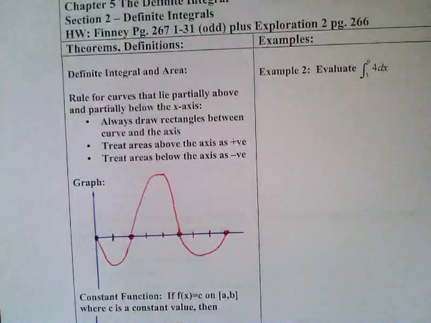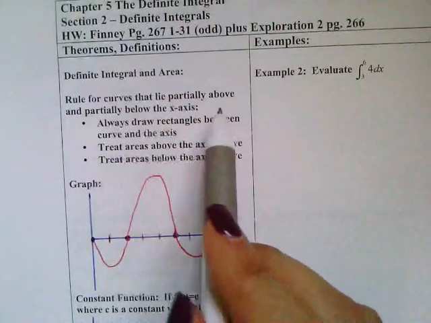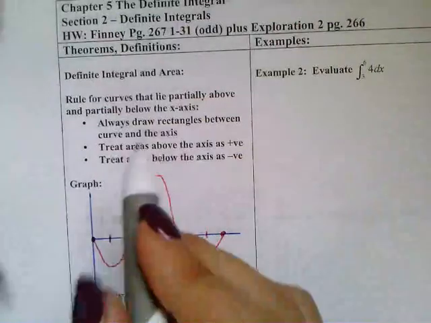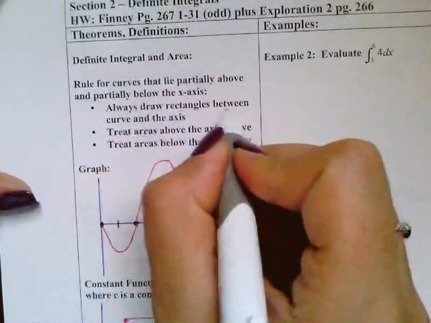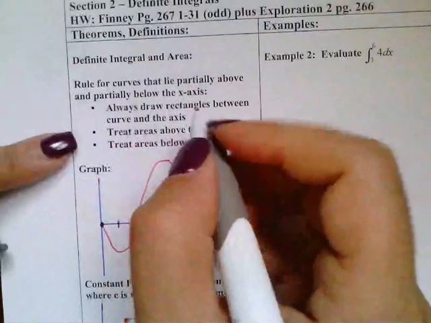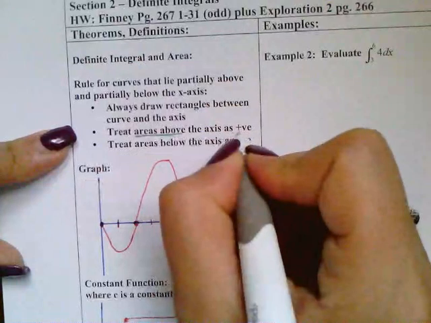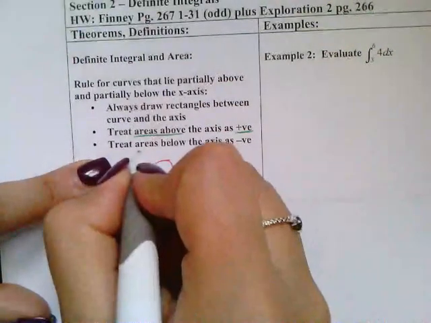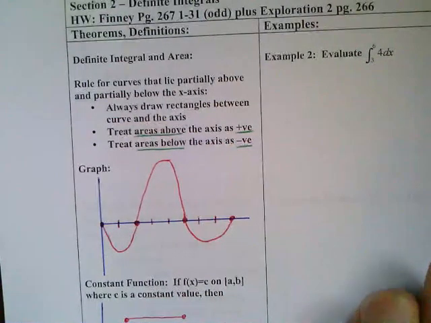All right, definite integral and area. So, rules for curves that lie partially above and partially below the x-axis. You're still going to be doing the same exact thing. You're always going to draw rectangles between curves and the x-axis. But the difference is that you're going to treat the areas above as a positive value, positive integral, and you're going to treat the areas below as a negative value.